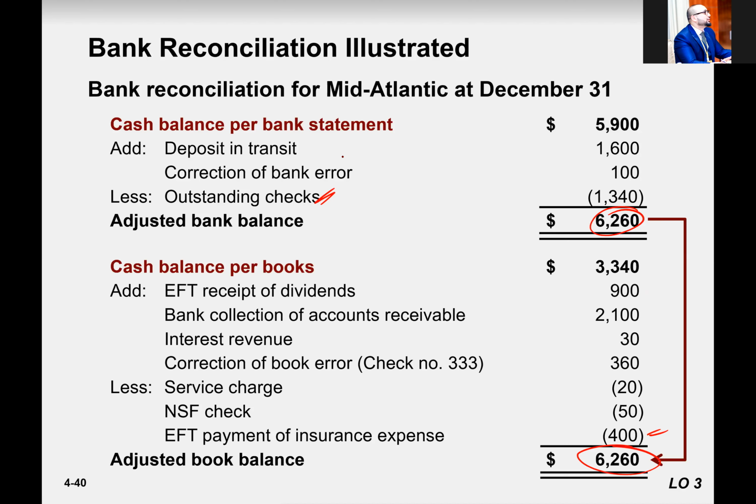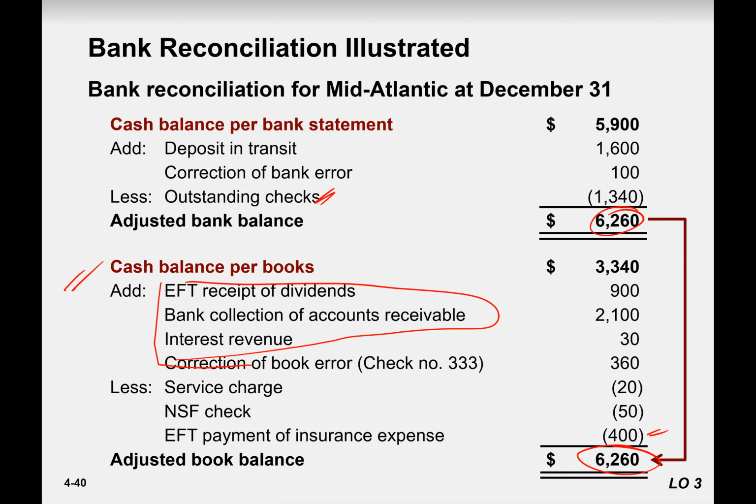And then on the cash balance side, the books that you are maintaining on the cash book side, you add all the electronic receipts, whether you receive a dividend electronically, or some payments from a customer, or any interest income.